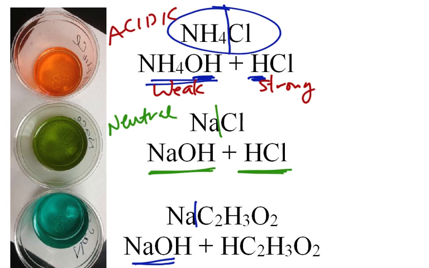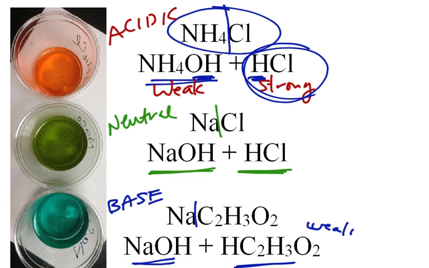But if we put a hydrogen on the acetate, we get the weak acid, acetic acid. So here we get a basic solution. So we get an acidic solution if it comes from a strong acid and a weak base. We get a basic solution if we get a strong base and a weak acid. And if they both were strong, then we get a neutral solution.